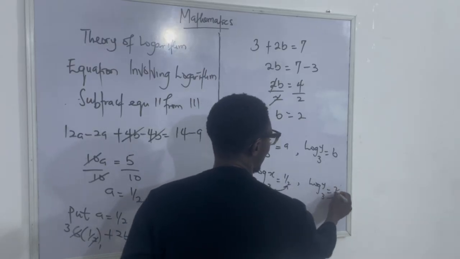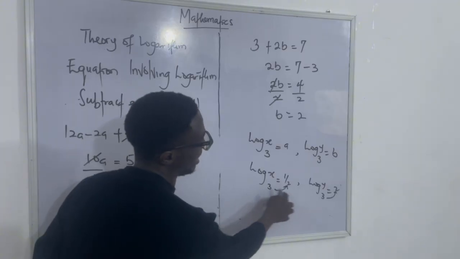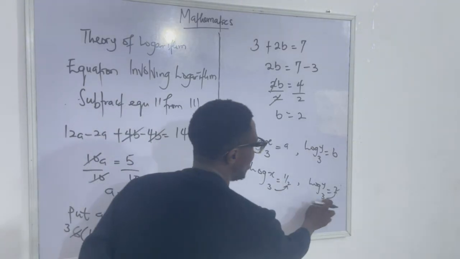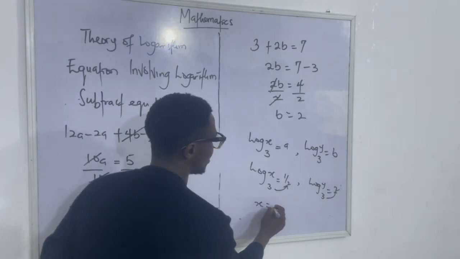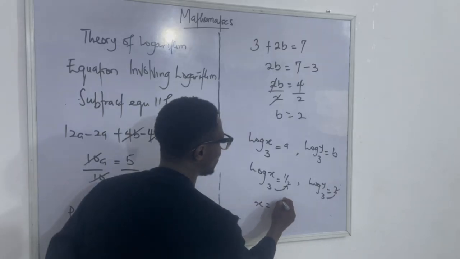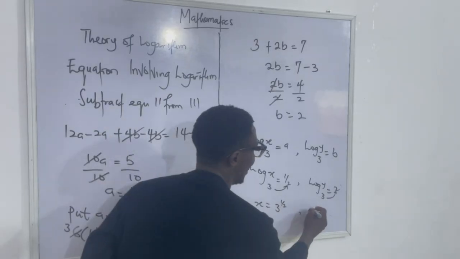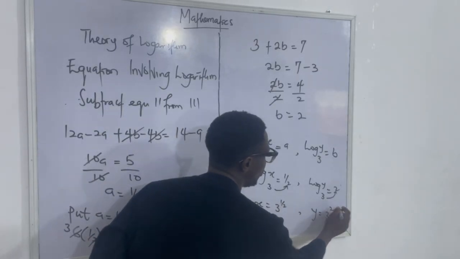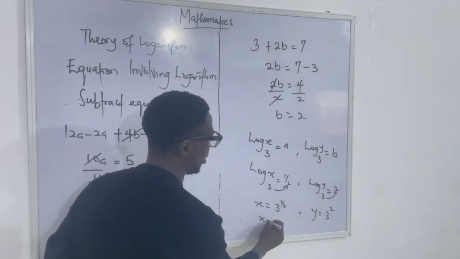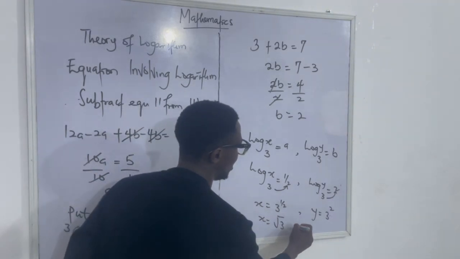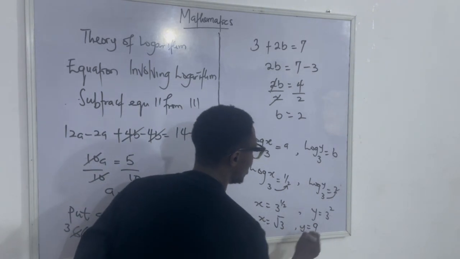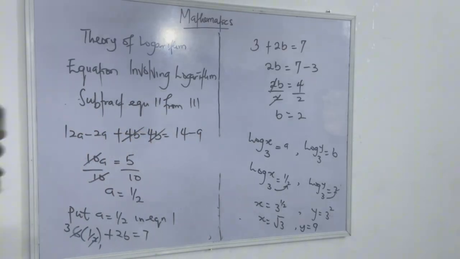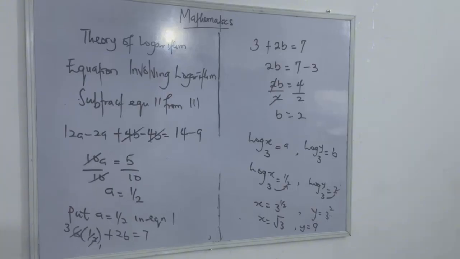Just so you know, the base here will become the base in index form. So x equals 3 raised to the power half, and y equals 3 raised to the power 2. Therefore, x equals root 3 and y equals 9. That's our final answer.